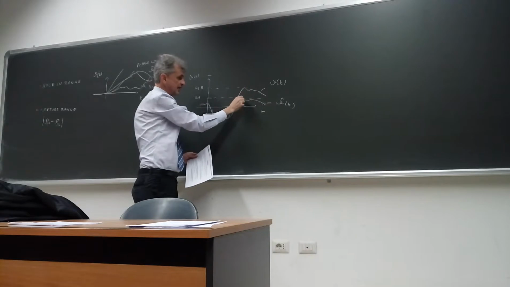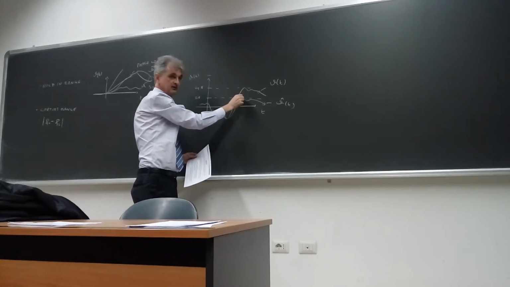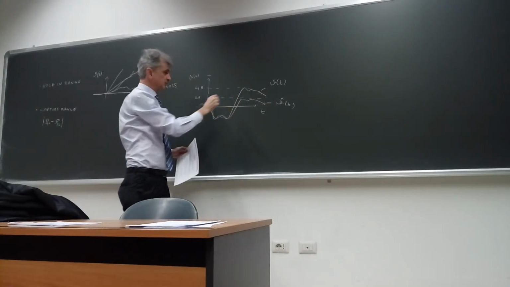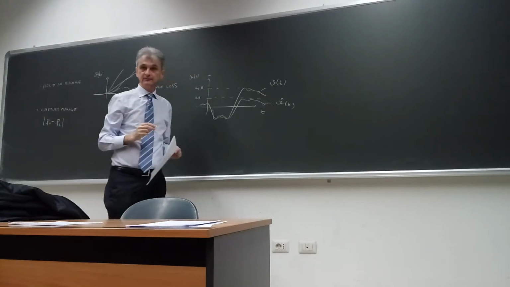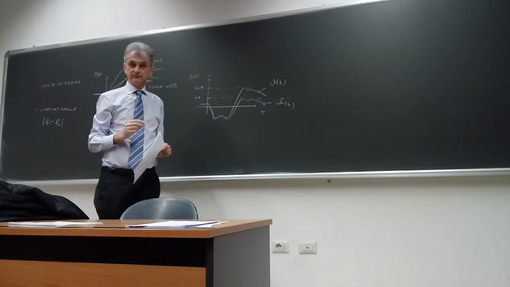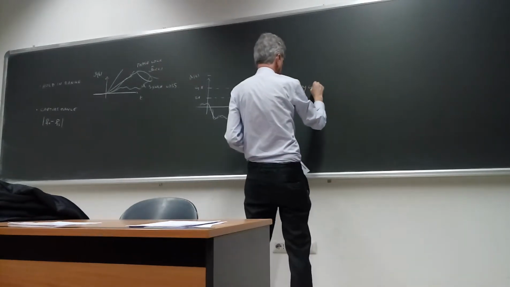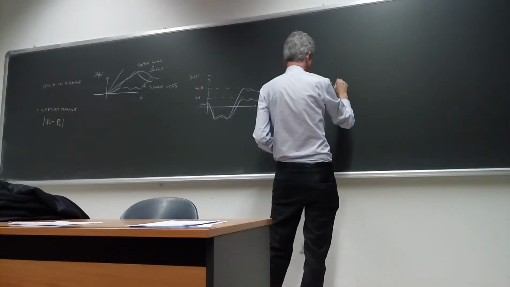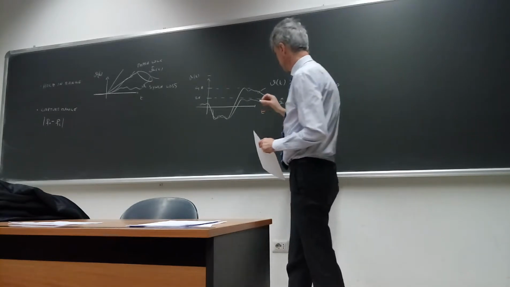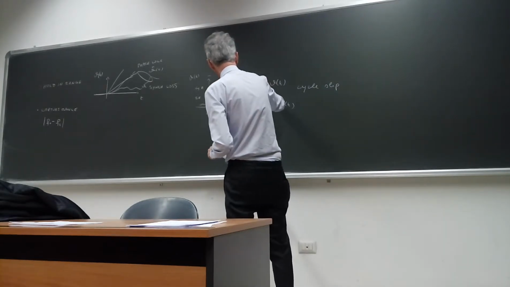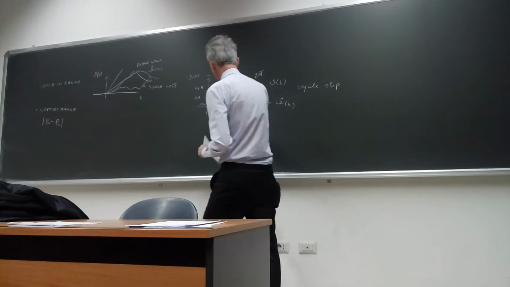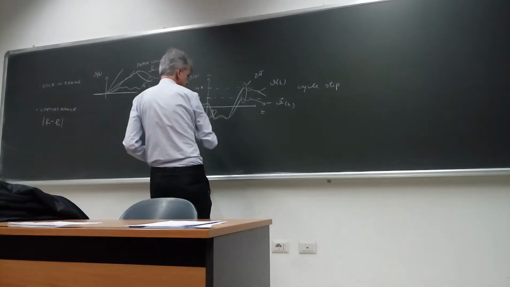And at a certain time, the PLL locks again, but with an error of 2 pi. Okay? This is a cycle slip. You see, here the difference is 2 pi, here the difference is 0.